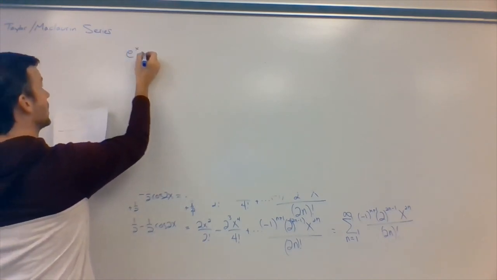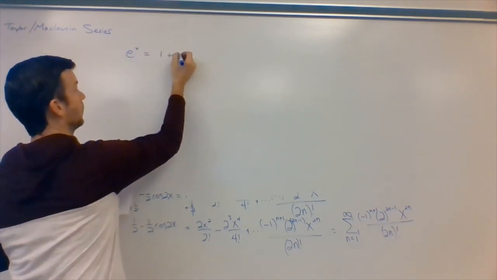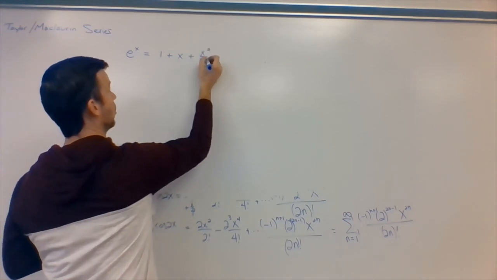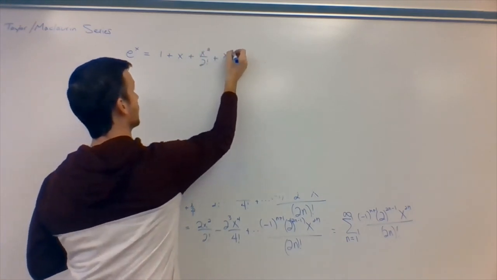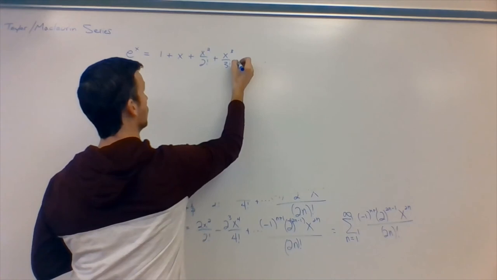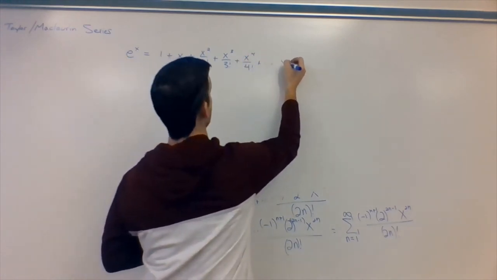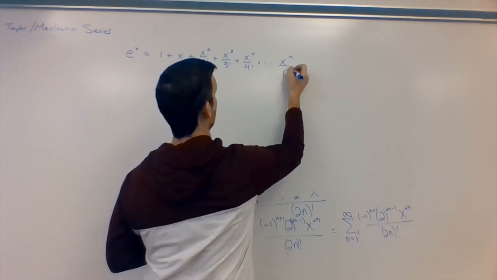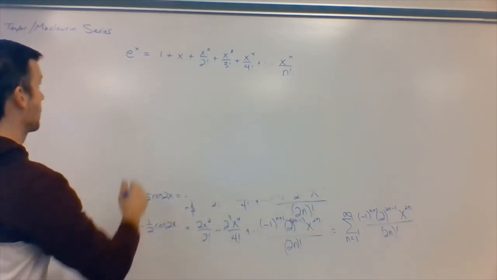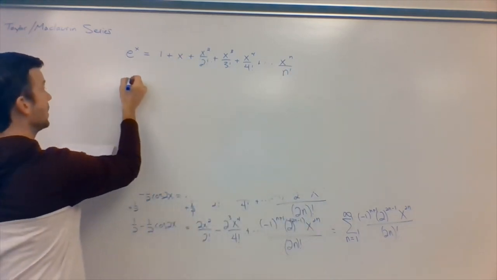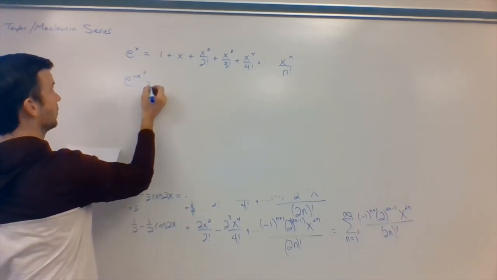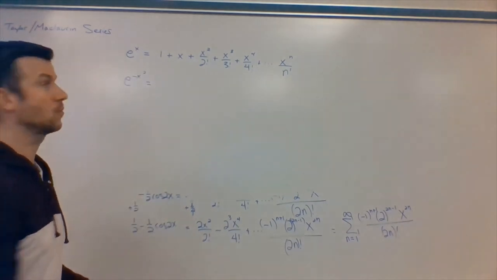I know the series for e to the x is 1 plus x, x squared over 2 factorial, x to the third over 3 factorial, x to the fourth over 4 factorial. In general, it's x to the n over n factorial. So I got that. I want e to the negative x squared. So I replace all the x's with negative x squareds.